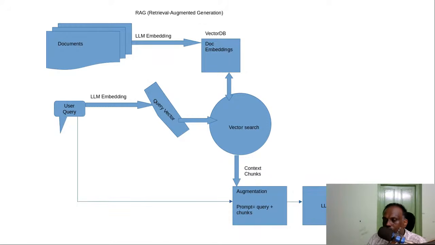To solve this problem, assume that you are sending the prompt. In the prompt itself, you are saying the question is, what is the capital of India, and other than that question, assume that you are attaching a document containing the list of countries and their corresponding capitals.